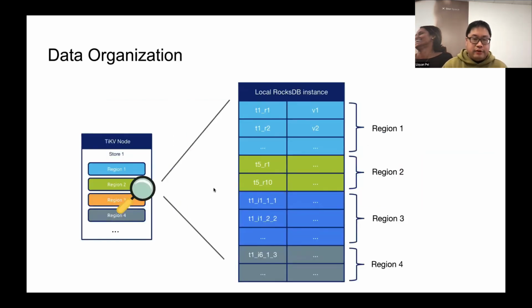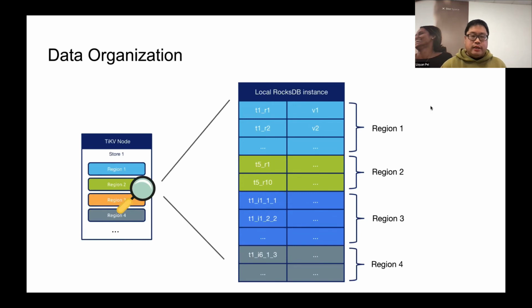So this is another view of the data within TiDB. And these are different regions on the TiKV nodes. Those regions contain the key value pairs, and the key value pairs are encoded according to the table encoding or the index encoding.